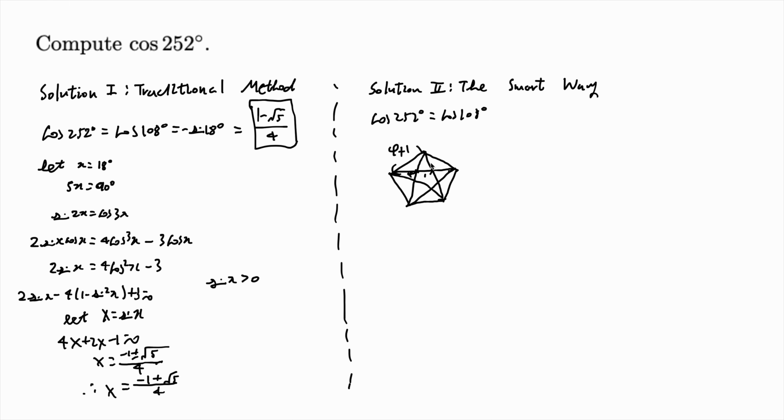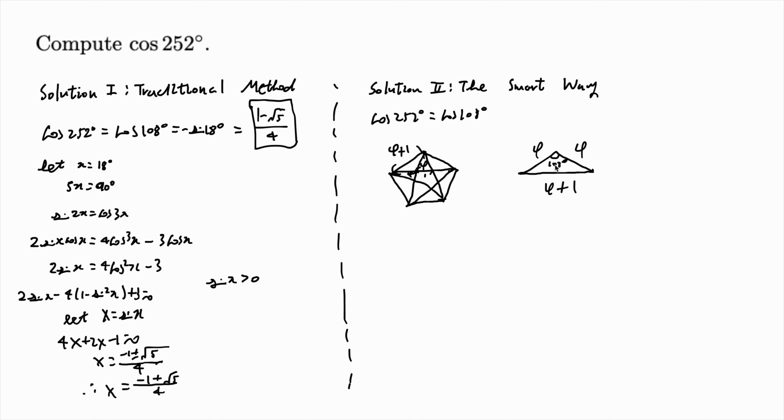Now, why did I bring this up here? And we know that this length is also phi. And that is because, looking at our triangle, well, this is 108 degrees. We have phi, phi, and phi plus 1 here.